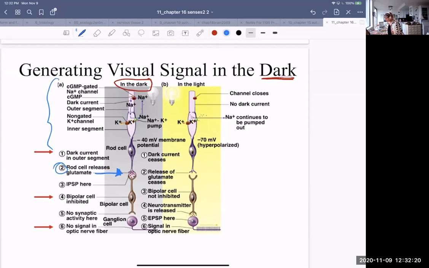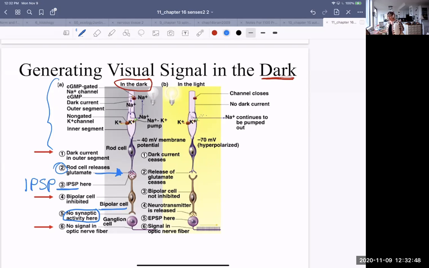Releasing glutamate, so that's an inhibitory postsynaptic potential. It inhibits the bipolar cell from releasing any neurotransmitters. So that's the signal that it is dark. No signal means it's dark.